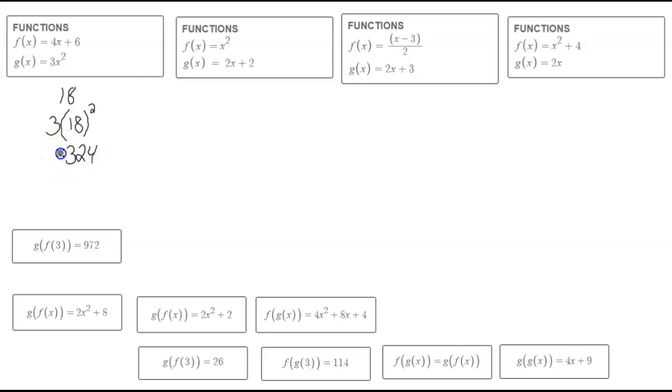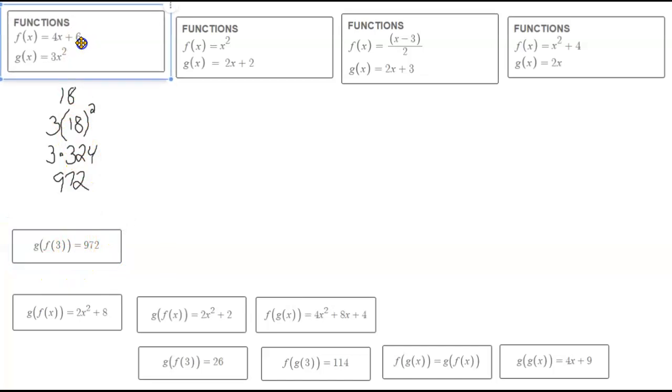If I take that number and multiply it by 3, do I get 972? 324 times 3 equals, oh look at that, 972. So that means this g of f of 3 goes with this 4x plus 6 and 3x squared.